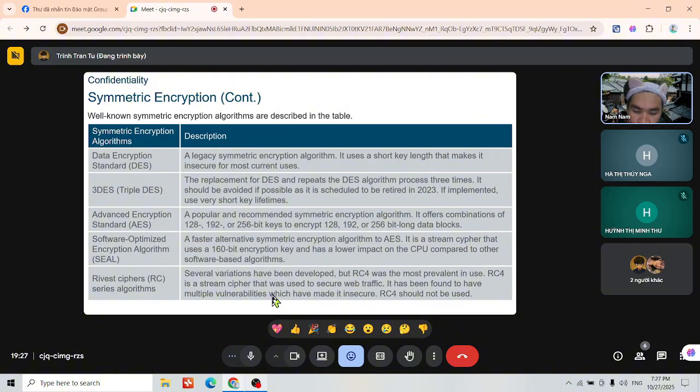Several variations have been developed, but RC4 was the most prevalent in use. RC4 is a stream cipher that was used to secure web traffic. It has been found to have multiple vulnerabilities which have made it insecure. RC4 should not be used.